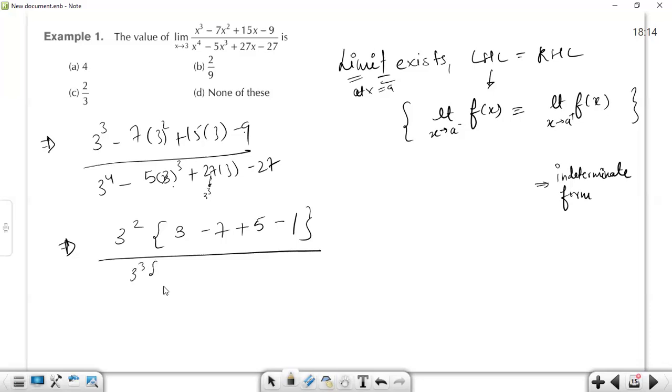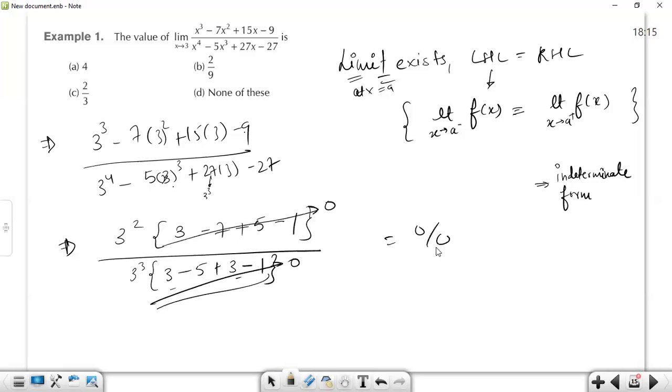So, sorry, this will not be 27, minus 1. If we solve this, 6 minus 6 becomes 0, and 3 plus 5, 8 minus 8 will also become 0. So this is becoming 0 by 0 form, which is indeterminate form.